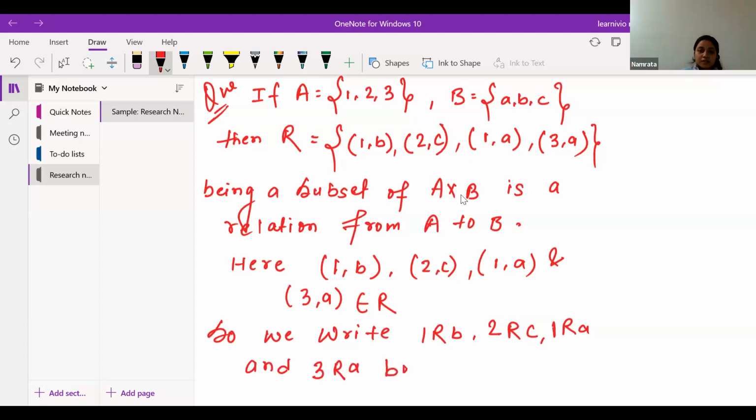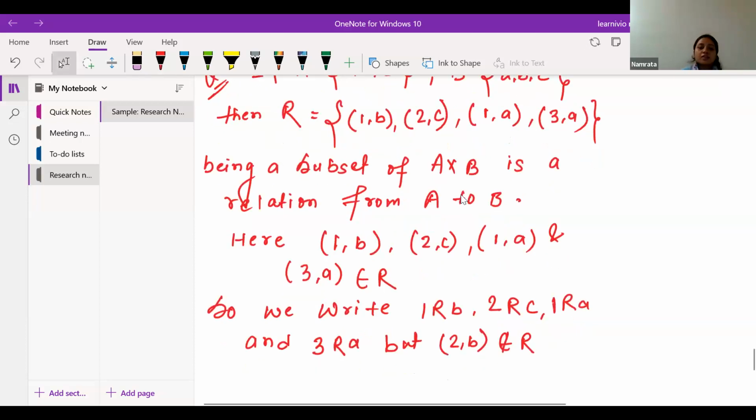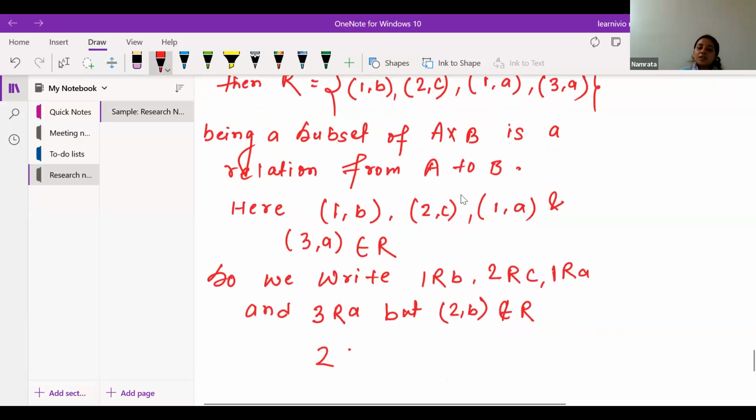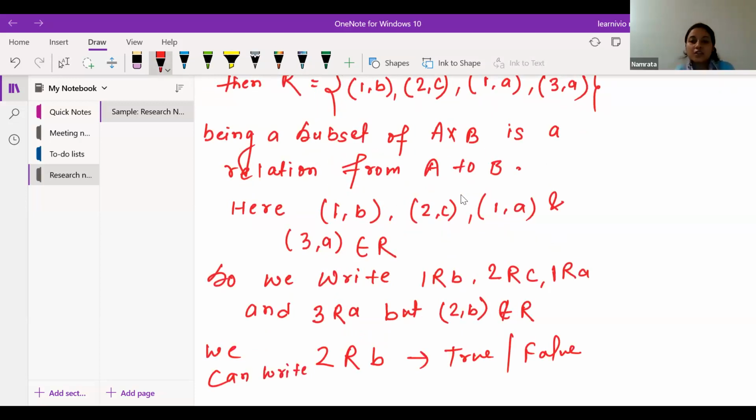But 2b doesn't belong to R. So can we write 2 is in relation with b? Is it true or false?